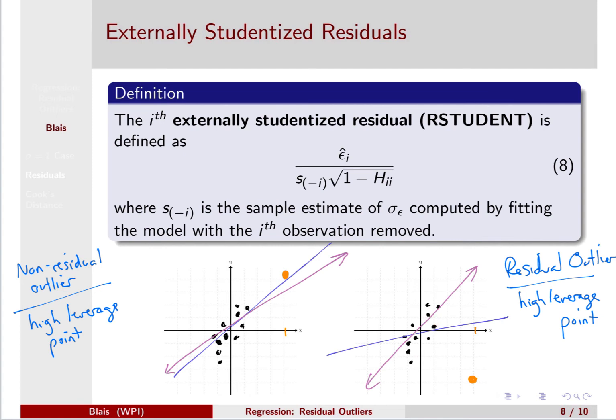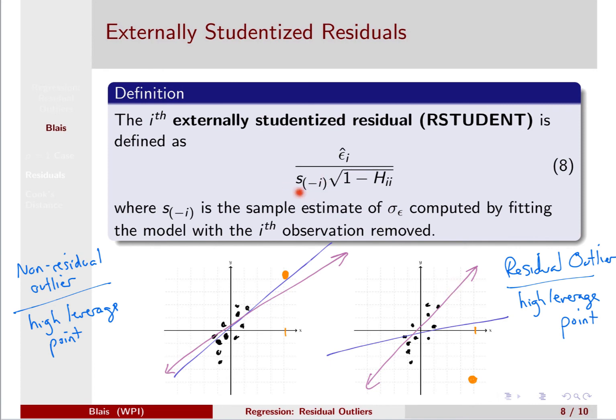And we note the sample standard deviation of the residuals will change dramatically. In particular, once we remove this residual outlier, it will shrink, just because these points fit the resulting line much better.